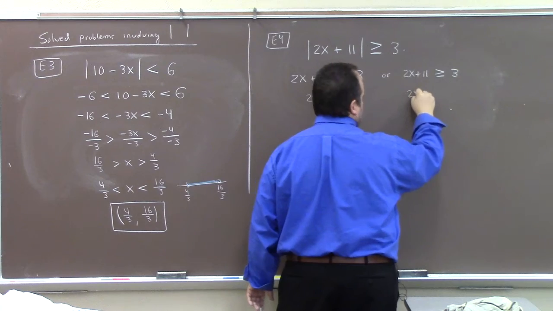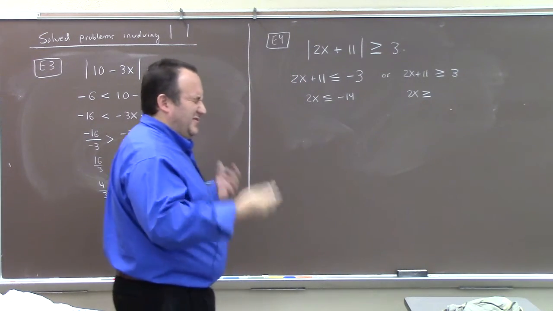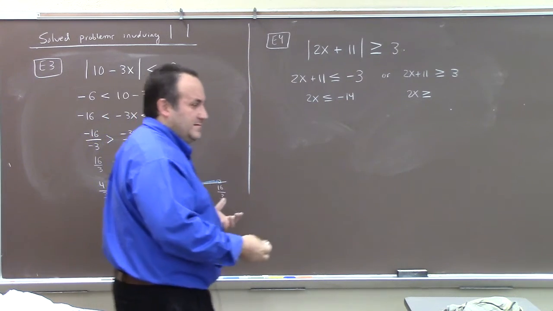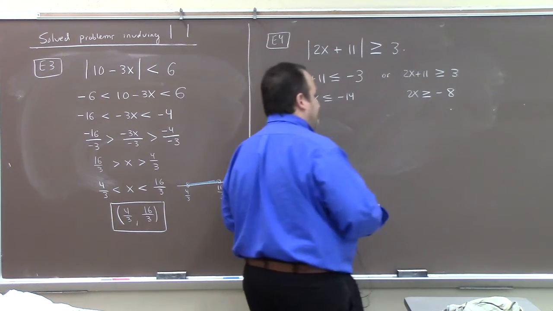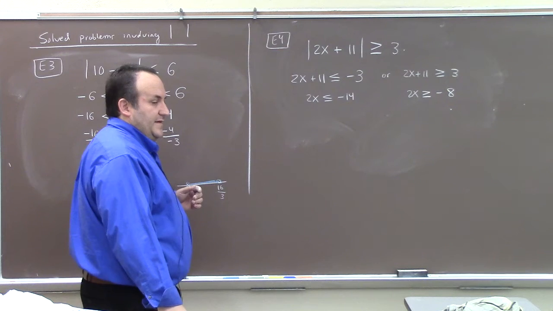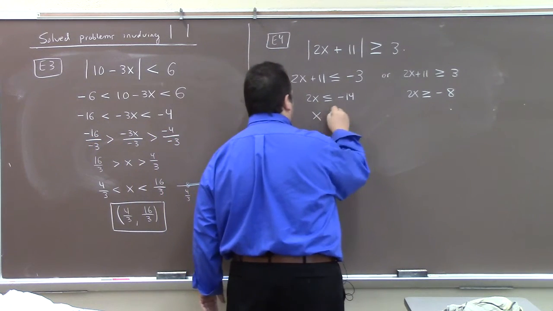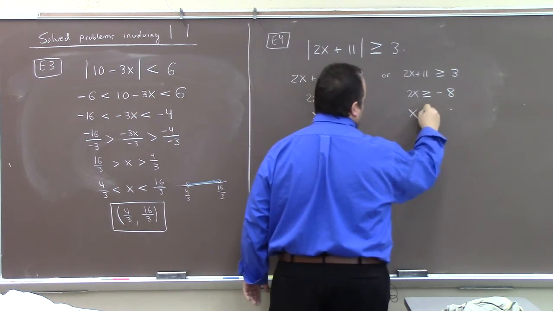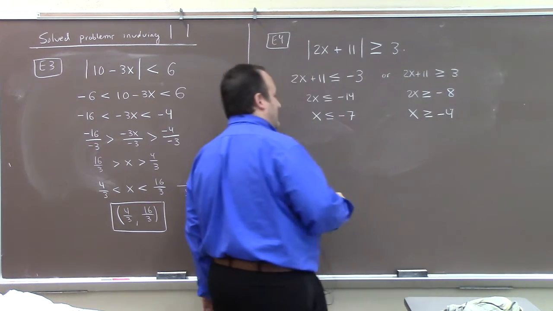And 2x is greater than or equal to 3 minus 11. 3 minus 11 is minus 8, right? And then divide by 2. So we have x less than or equal to minus 7, x greater than or equal to minus 4. Hey, this one worked out nice.